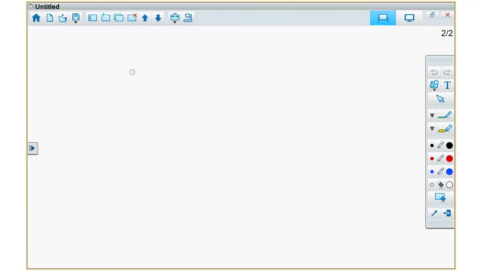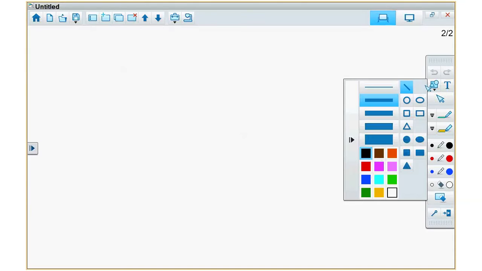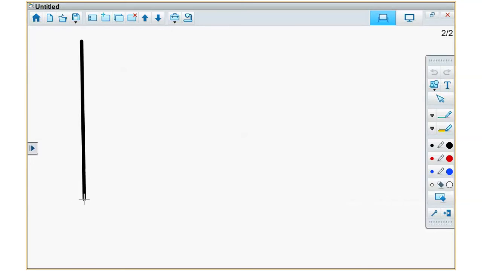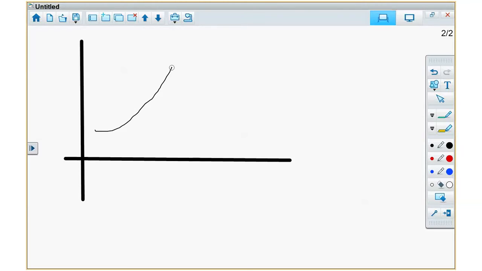And I'm going to draw it graphically again, because most of the time in business and management you see graphs. So I'm going to draw a graph, and I'm going to draw a curve because most of the time you're going to see a curve, and there's a reason I'm doing this. So a curve.